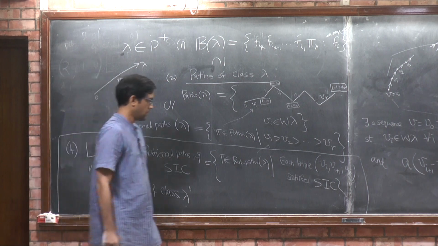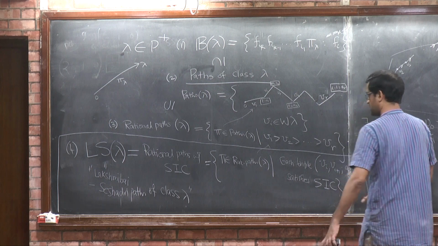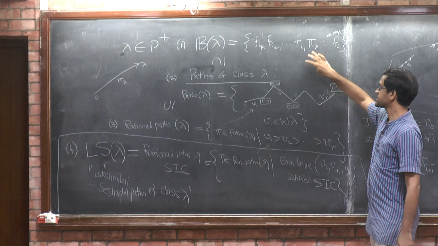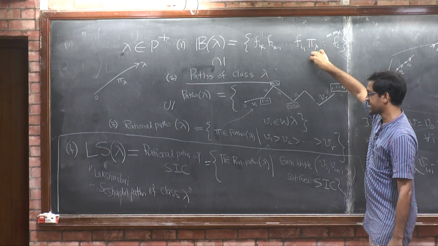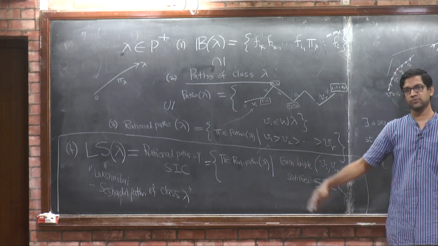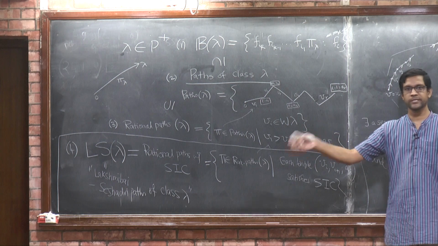Let me state the main facts about these, and in a sense it's what we set out to do: this class B lambda is exactly captured by these conditions. You need a rational path, which means decreasing directions, such that strong integrality takes place at each timestamp.